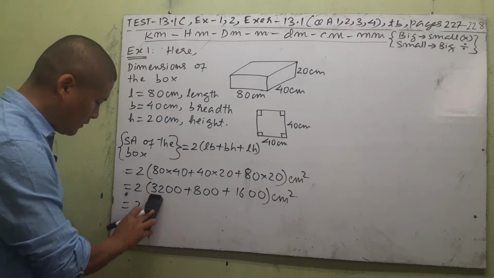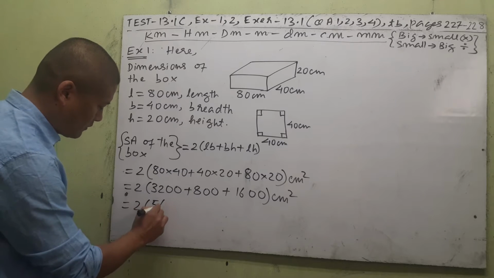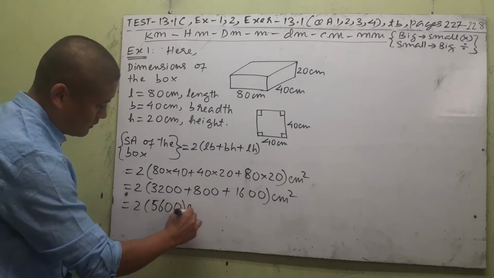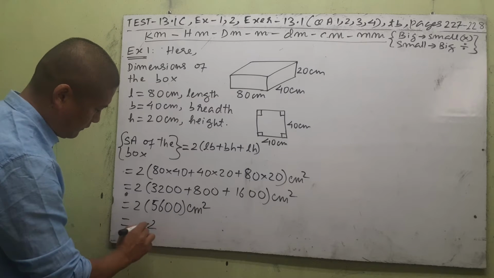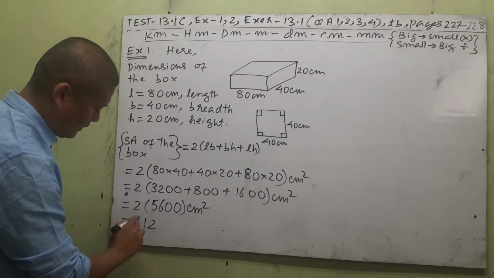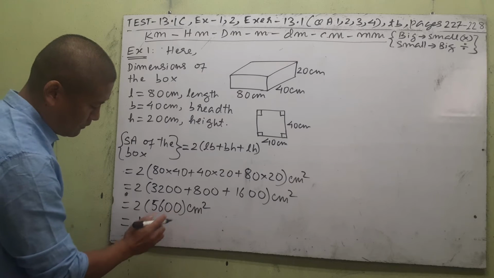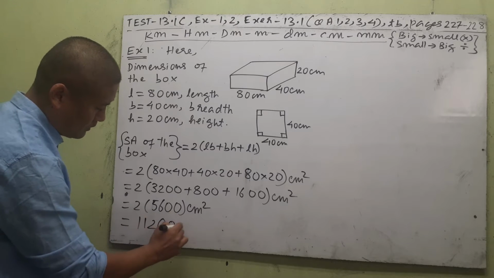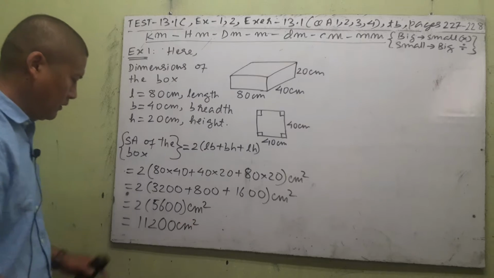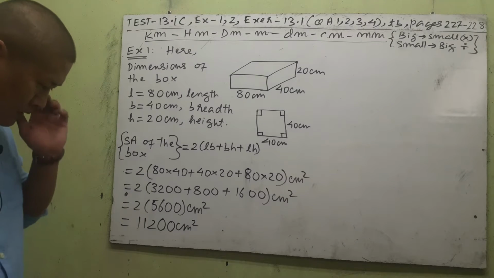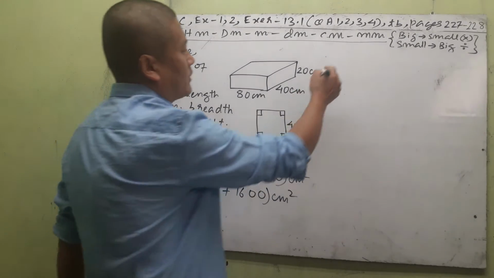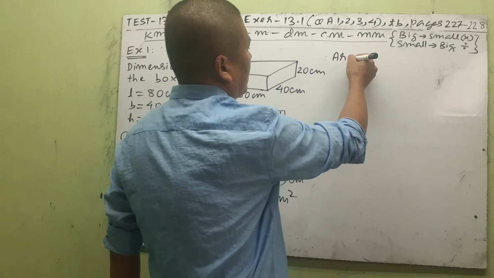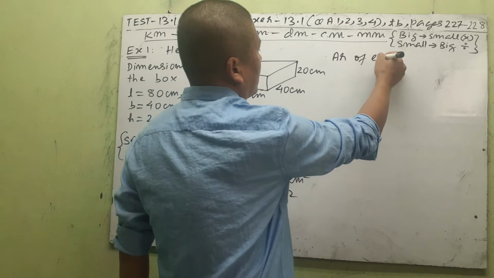So let's put it here, 5600 centimeters square. 2 6s are 12, 2 5s are 10 plus 1 is 11 for this part, and the 2 zeros we can just put at the back. The total surface area of the box is 11,200 centimeters square.